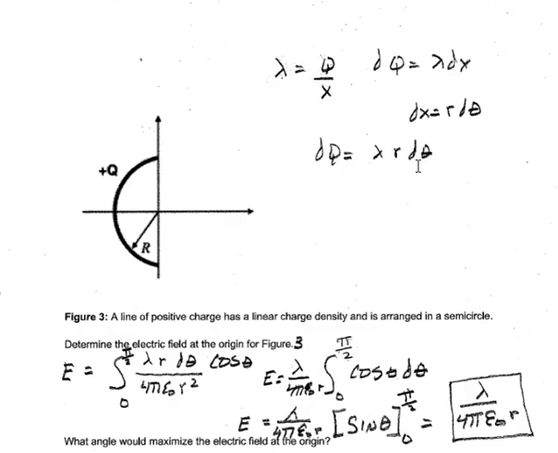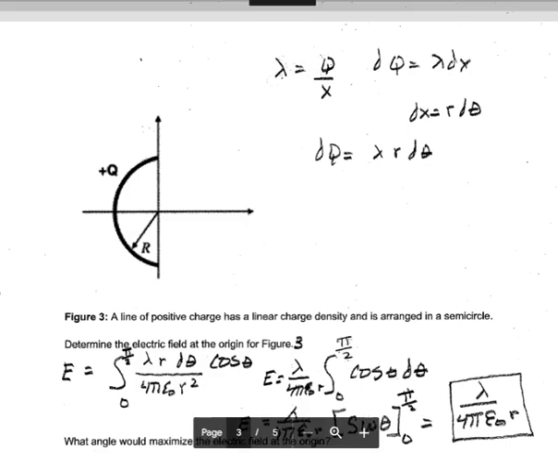Now, our driving integral for non-Gaussian for electric field is equal to dq over 4 pi epsilon naught r squared. So let's fill in what we got. For dq, we have lambda r d theta, and we'll divide that by 4 pi epsilon naught r squared. And we have to multiply that by the cosine of theta because we want the x direction only for this electric field.